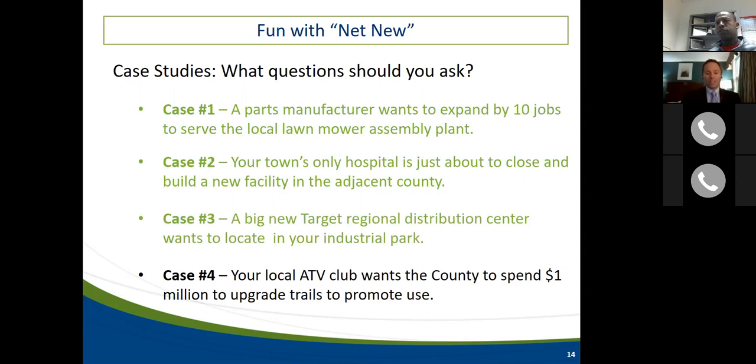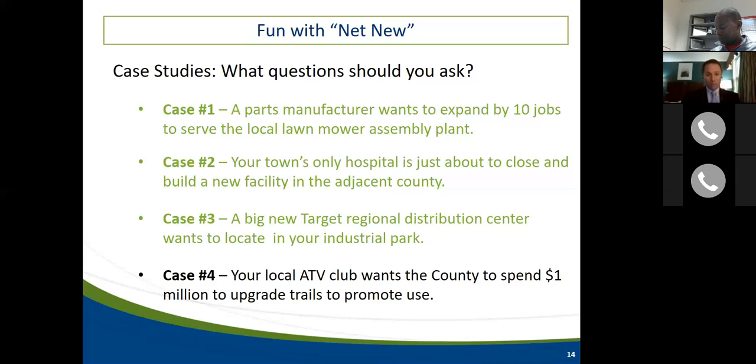This is another one that we actually did. A local ATV club wants your county to spend $1 million to upgrade trails so that they can promote the use of ATV trails. Our question again is, what questions do we have to ask the ATV club to understand whether or not this investment will cause new dollars to come into the economy?